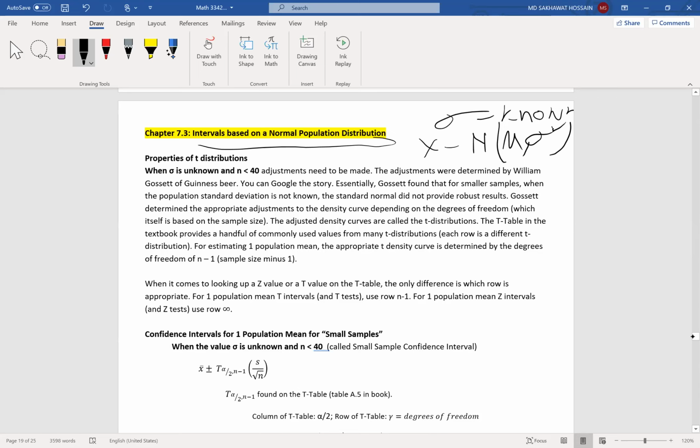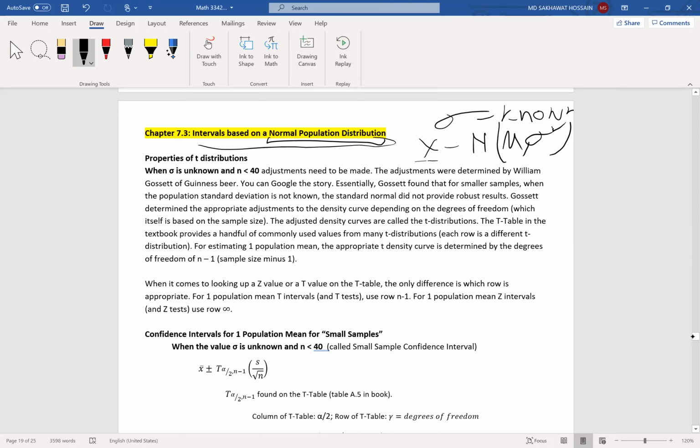So now we have the distribution of our population, the distribution of X, which is also normal with mean mu and variance sigma square. And here sigma is unknown and the sample size is small. We already discussed that if sigma is unknown and the sample size is large, we can still use the normal distribution to construct the confidence interval.